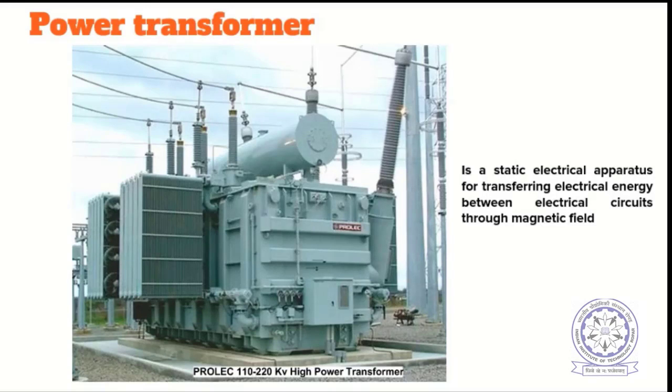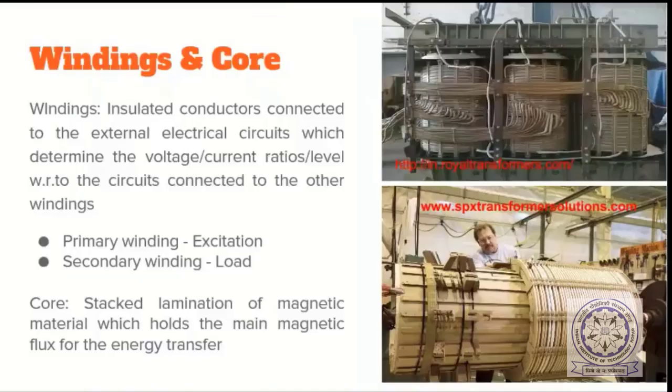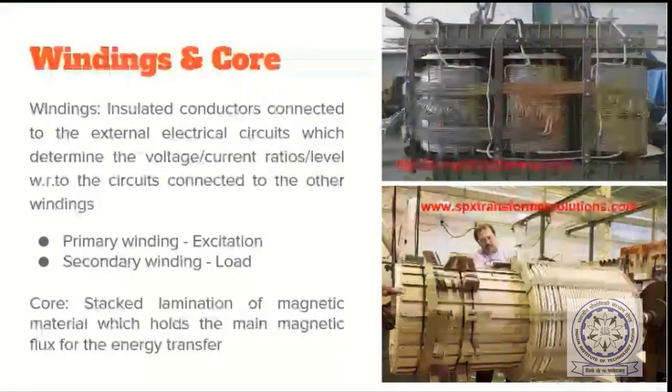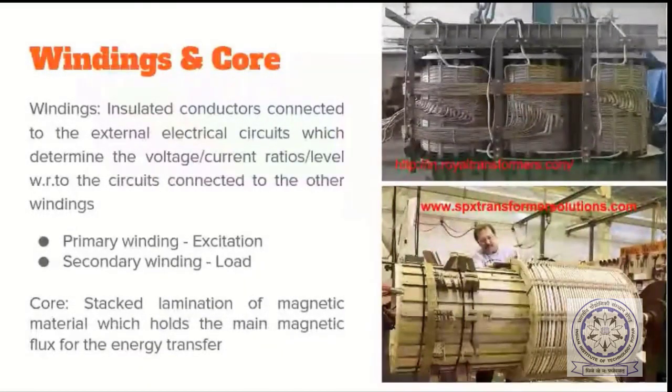We have seen the various components of this transformer, including radiators, conservator, bushings, and other main components. Now, apart from those, if you look inside the transformer, we have the winding and core. These are the main components.